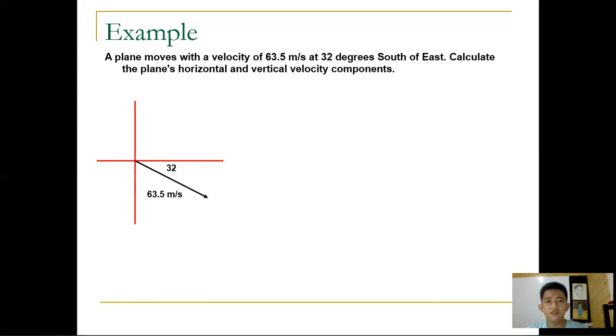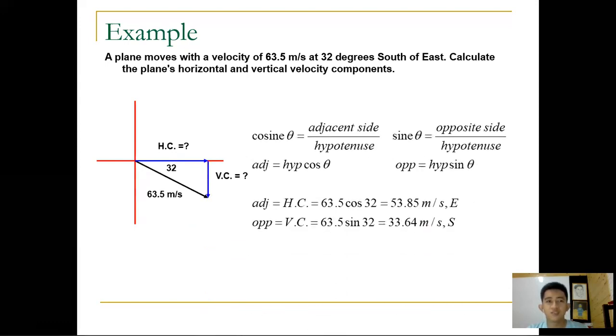Let's take note that the angle is relative to the x-axis. So this is south of east, at 63.5 meters per second. We need to identify the horizontal and the vertical components. Using the cosine and sine functions that we have used a while ago, we can come up with the following answers.